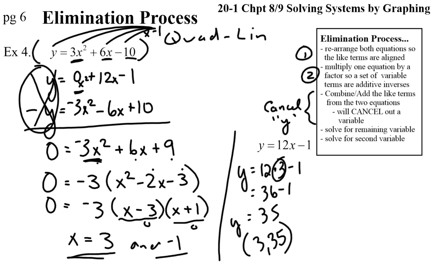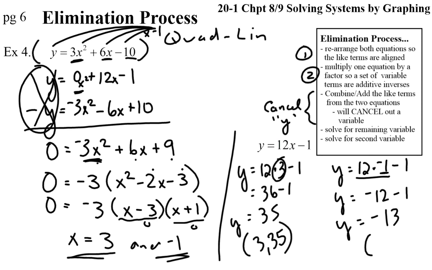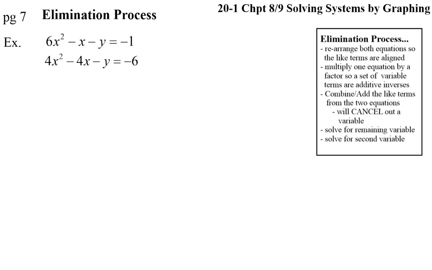We also thought x was -1. So y equals 12 times -1, because we think x is -1. y would be -13. So x was -1, y was -13. There's our two solutions by canceling the y. Again, we want to cancel the variable that doesn't have a squared.